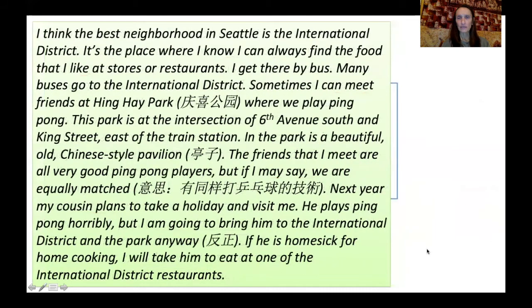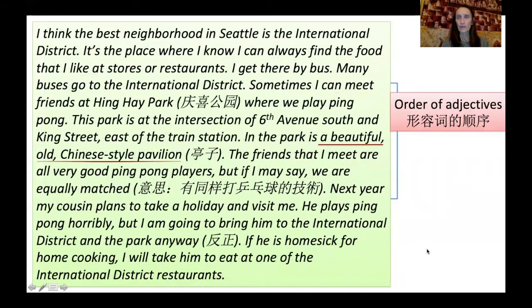Well, let's see. Order of adjectives was a grammar point that we talked about. And order of adjectives is 形容词的顺序.